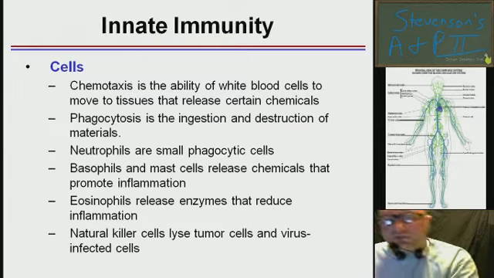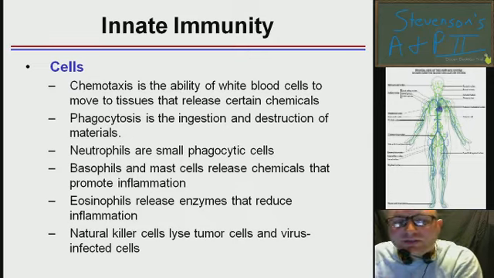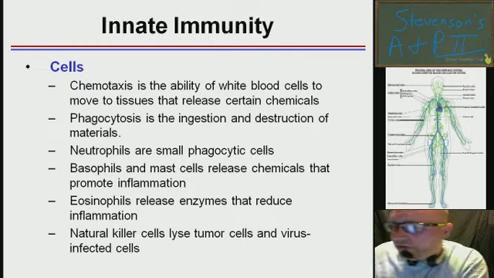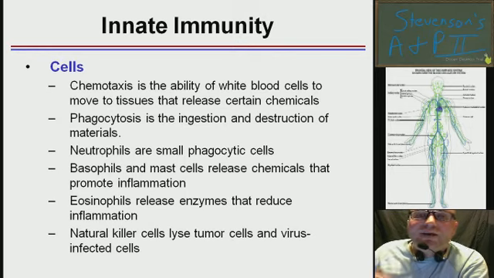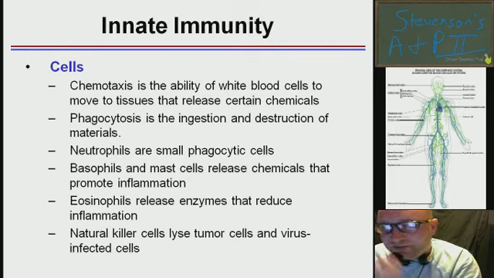Cells in the innate immunity. Chemotaxis is the ability of the white blood cells to move to tissue and then release certain chemicals. And then we also have phagocytosis, which is the ingestion and destruction of materials within the white blood cell itself. Neutrophils are very small phagocytic cells.